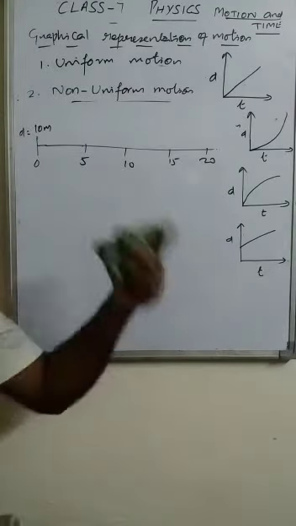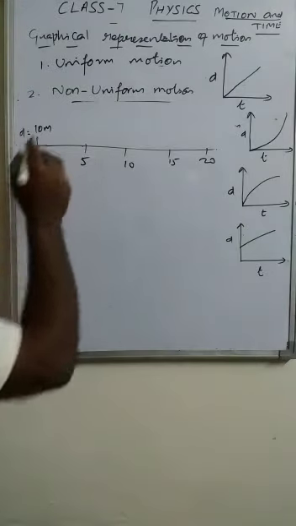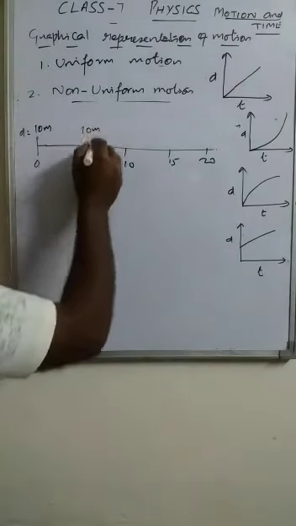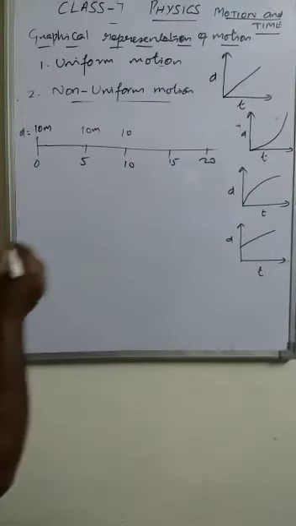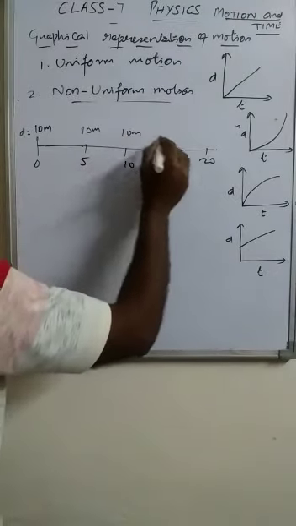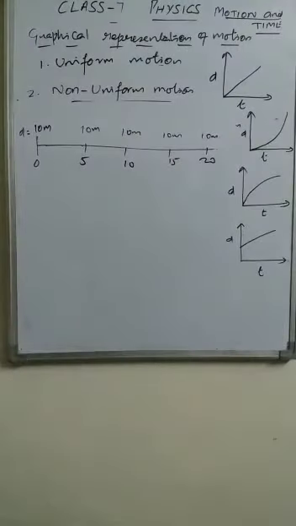The clock is running, and after 5 seconds, we observe its position is 10 meter. After 10 seconds also, its position shows the same thing. Then again the same thing. Now you see, time is moving, but the distance is not changing. So we say the object is at rest.